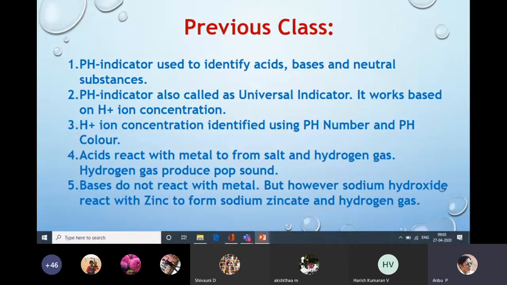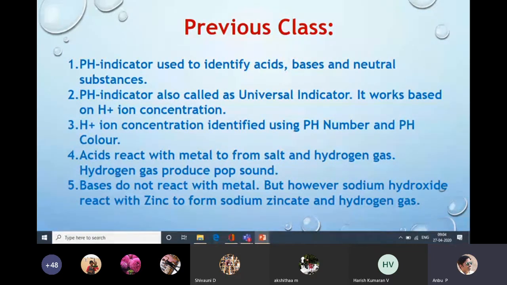The pH indicator is made by a combination of many different color dyes. So the pH indicator works based on the pH number and the pH color. That is what we have discussed. And pH stands for potential of hydrogen, H plus ion concentration. Based on the H plus ion concentration, the pH number runs from 1 to 14, and pH number 1 says it is a strong acid, and pH 3.5 to 6.5 is a weak acid, and 6.5 to 7.5 is considered neutral.